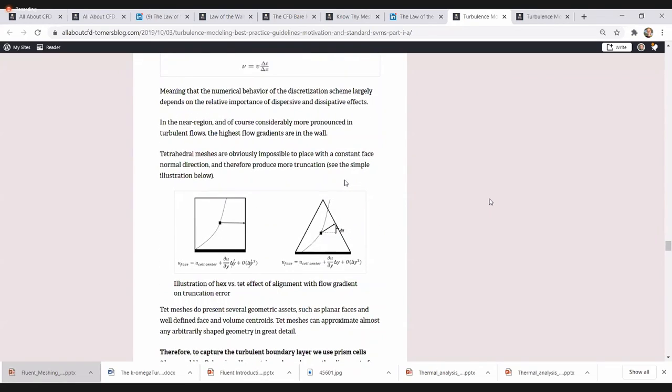Truncation error is the interesting thing. Okay, now rule of thumb is have at least 15 layers inside the boundary layer. Sometimes in cases where they have to have very low margins, they use even 40 layers.